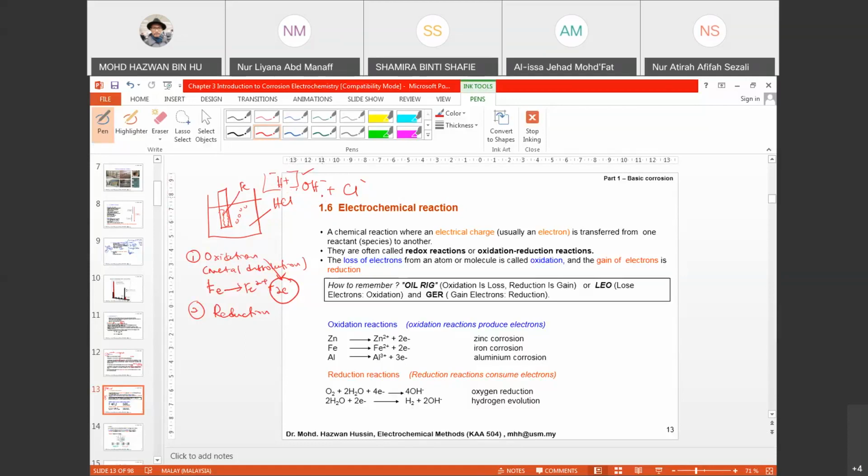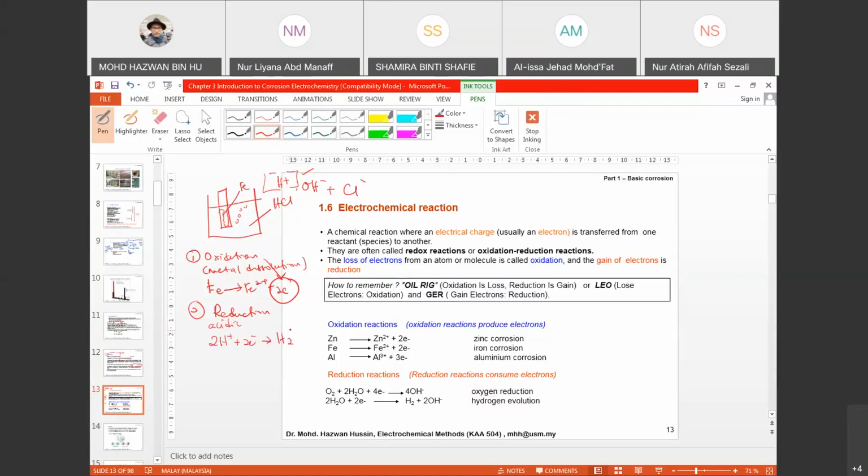So between OH- and H+, H+ is the priority to be considered for reduction because it has high concentration. I'm talking about the case of acidic. So in acidic condition, you will have a reduction process of 2H+ plus 2 electrons producing H2.